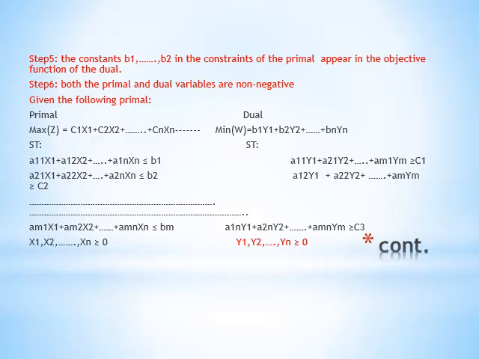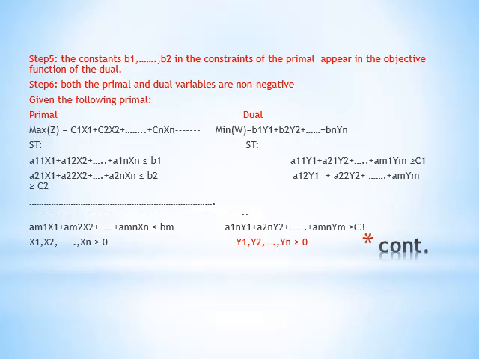The right side constants b1, b2, bm are resources. We mentioned before the constraints of maximization are less than or equal to resources, logically.